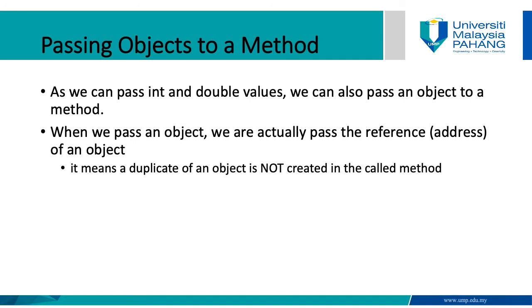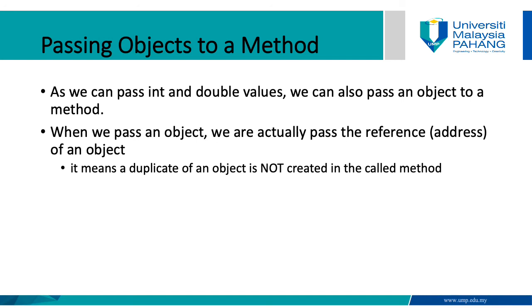When we are passing objects to a method, we have to remember that as we can pass integer and double values, we can also pass an object to a method.